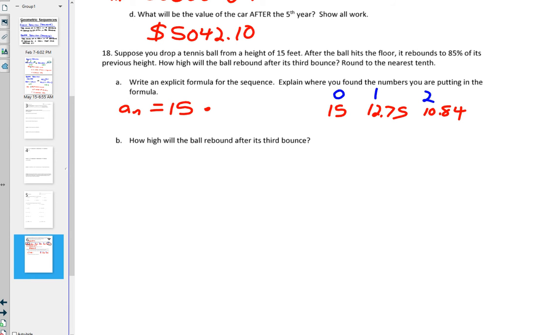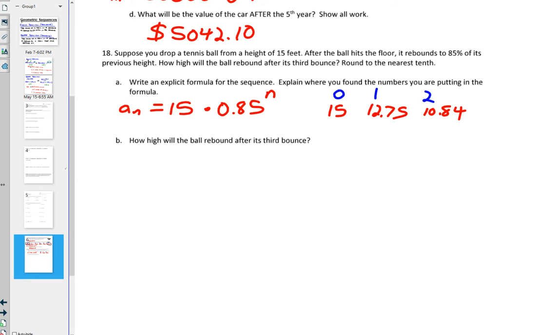What's the common ratio going to be? 0.85. But if I use 15 as my original amount, what do I have to put for the exponent? Just the n. Because that 15 was when 0 bounces had occurred. That's before any of the bounces.